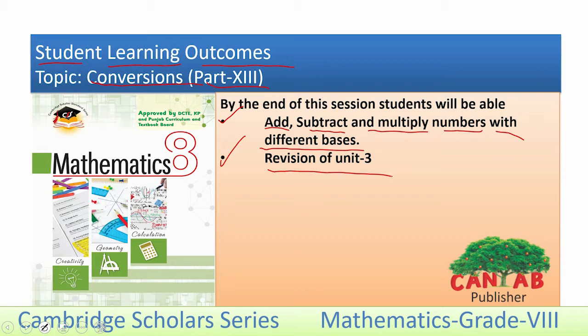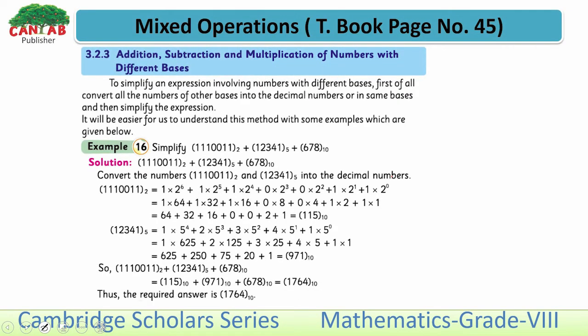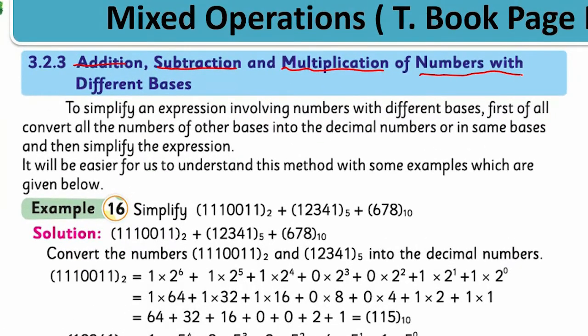Students, now come to page number 45 of your textbook. Addition, subtraction and multiplication of numbers with different bases. As I told you, first of all, if numbers are given to perform different operations in different bases, we will convert these bases into the same base, and then we will add, subtract or multiply.